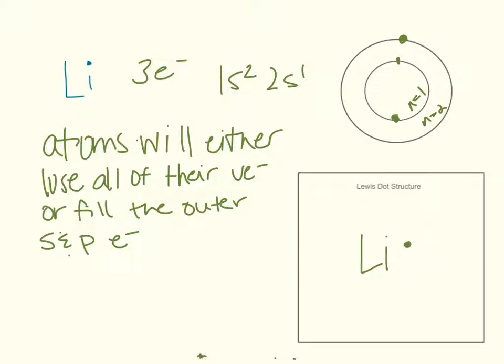To fill its outer shell, it would have to gain 7. It's not going to do that. It's just going to lose this electron. If it loses its valence electron, this one right here, then it becomes Li plus 1. And the electron configuration for that would simply be 1s2.